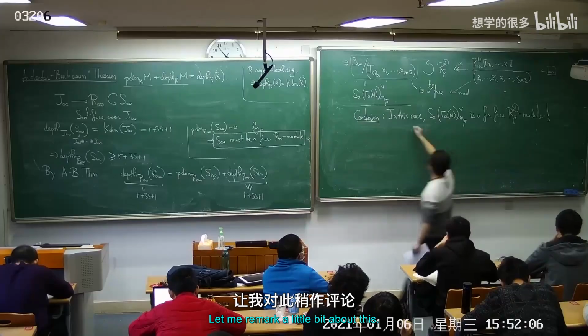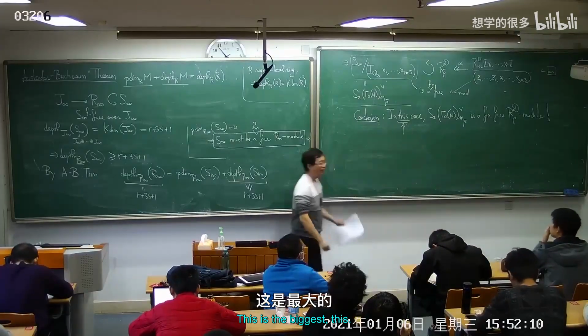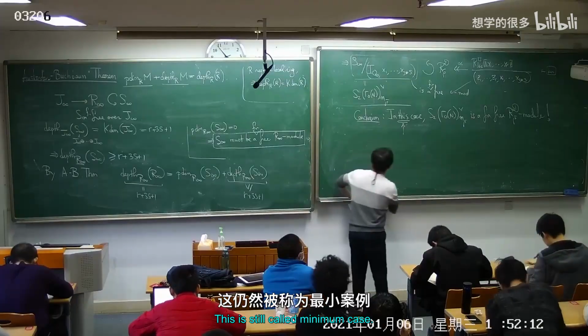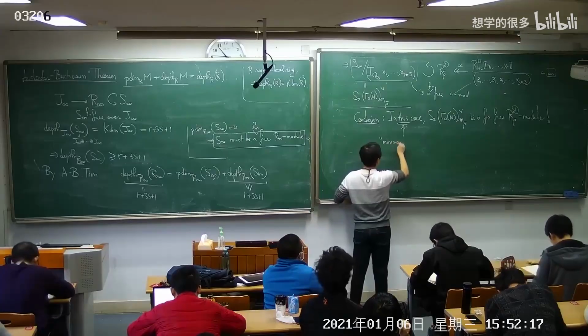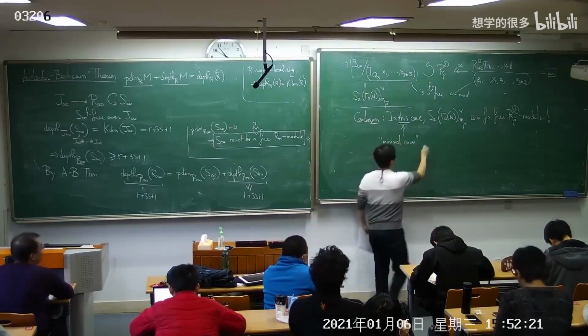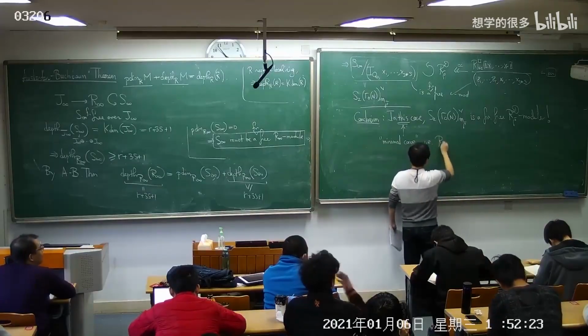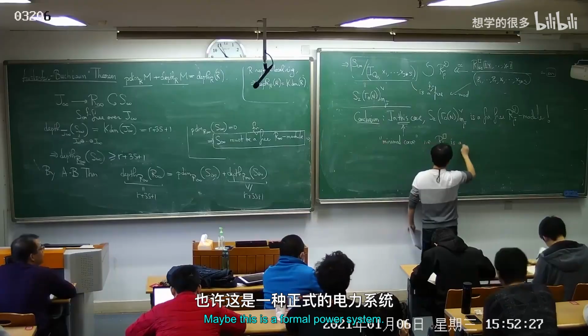Let me remark a little bit about this. Okay, this is a big case. This is the so-called minimum case, i.e., R log infinity. Or sorry, maybe this is a formal power series.